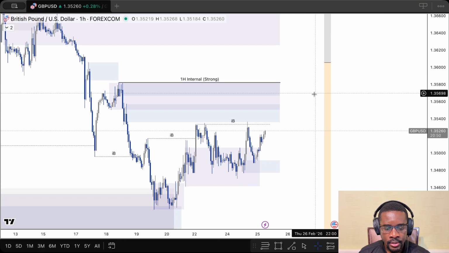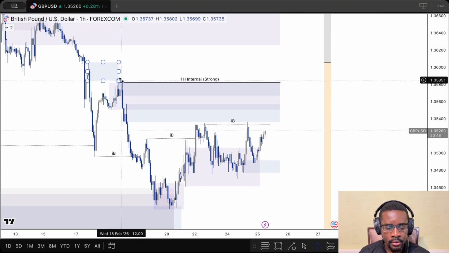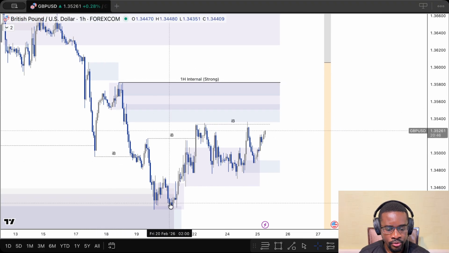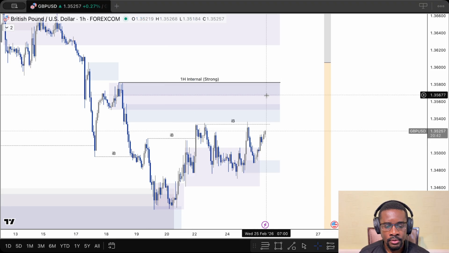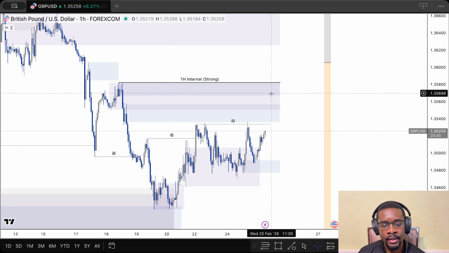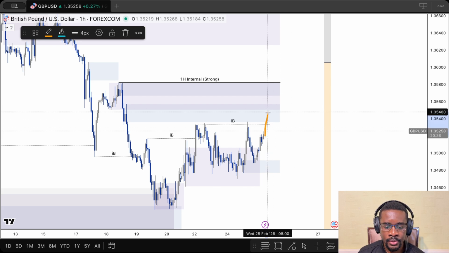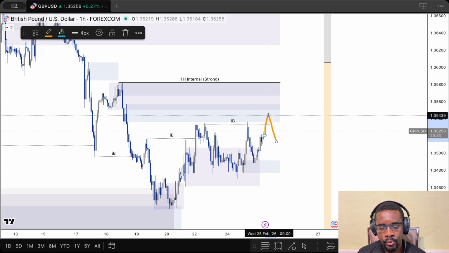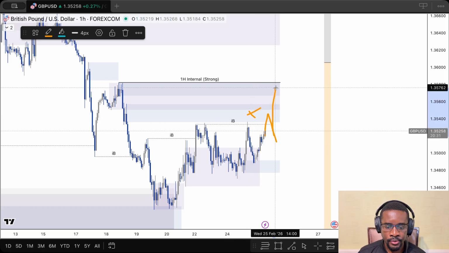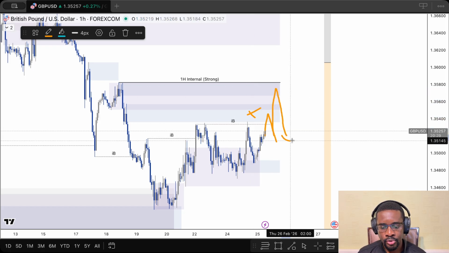If the internal trend is to continue bearish, then this swing or this internal high will hold. So we'll expect to see either price mitigate and then come down, or if this fails, then we expect to see price mitigate this and then push down.